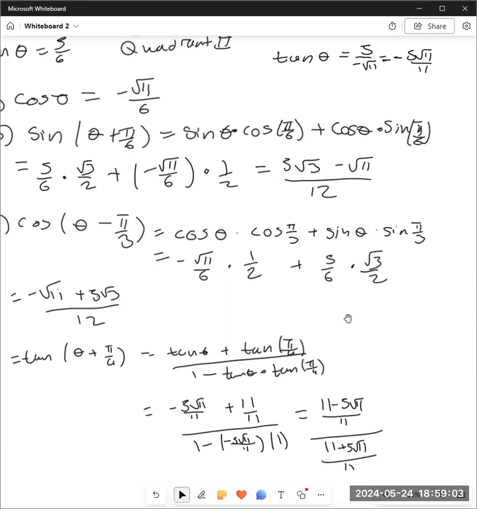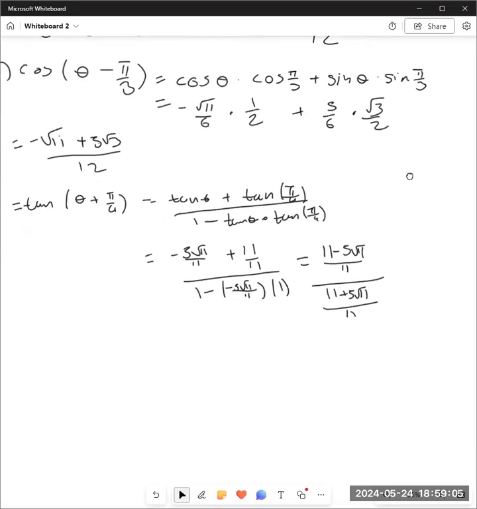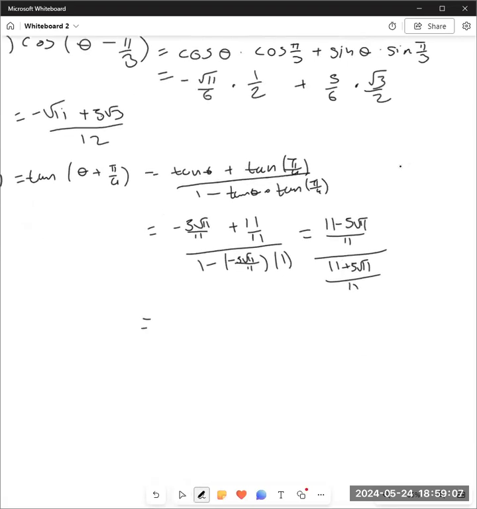So that's going to be the same as 11 minus 5 root 11 over 11 plus 5 root 11 when I multiply by the reciprocal of the denominator.